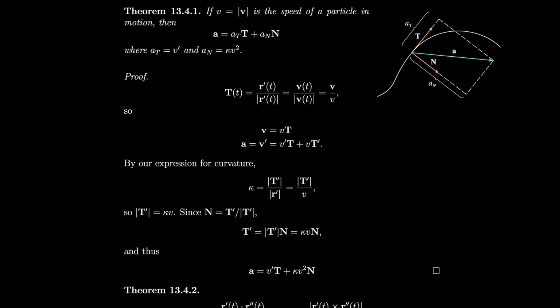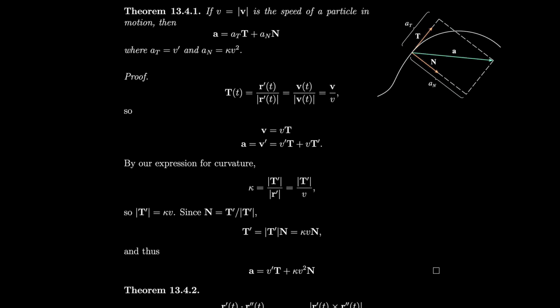We also know that curvature kappa is written as the length of the derivative of the unit tangent over the length of the derivative of position. The length of the derivative of position is just that speed.